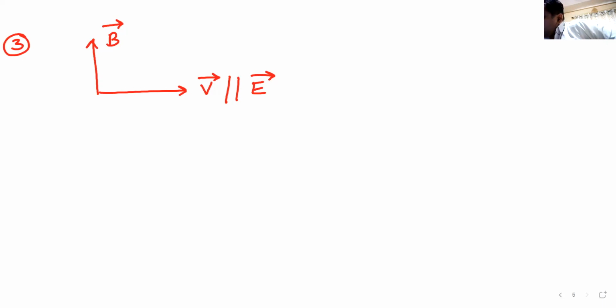What will happen because of V and B being perpendicular? Circular. And what will happen because of V being parallel to E? Straight line. Its velocity will keep on increasing if it is a positive charge, right?